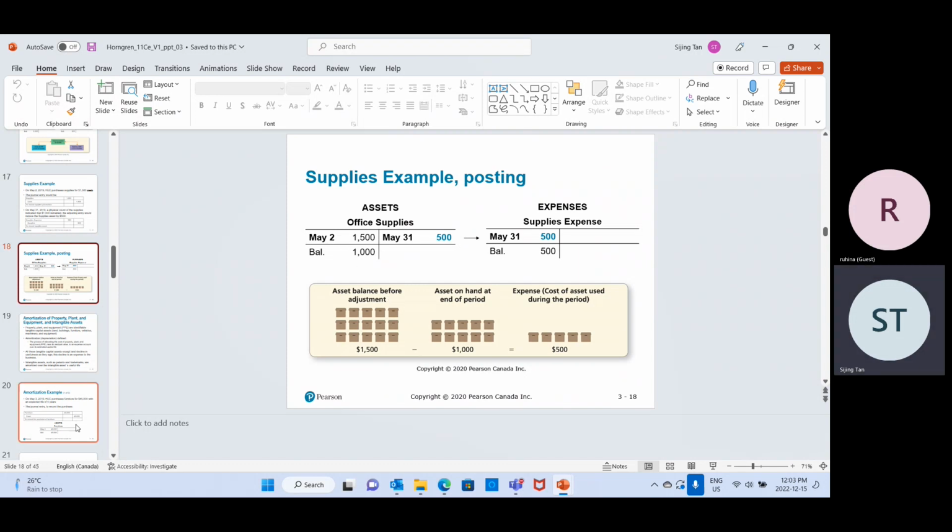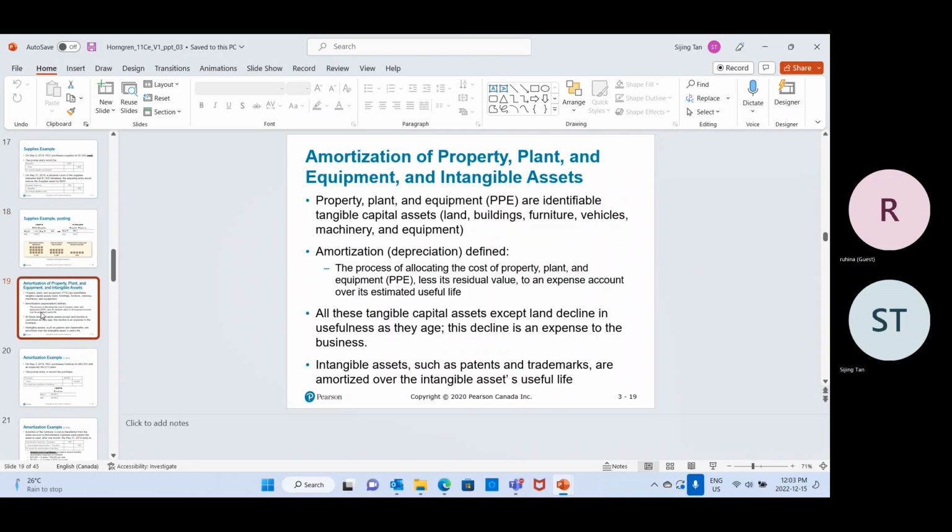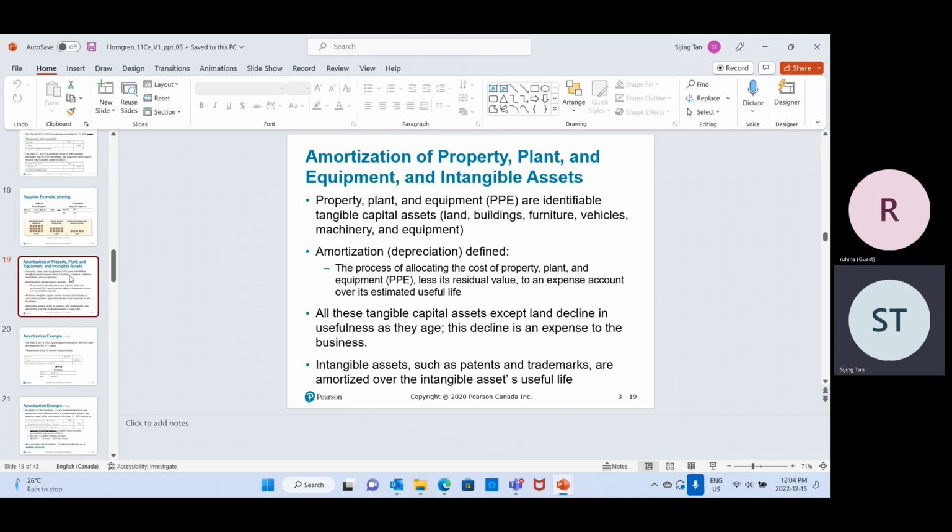Okay, that is the supplies example. Now just simply memorize it if you have a hard time fully understanding everything. Debit prepaid insurance, credit cash. Whenever you need to do adjusting entries for prepaid insurance, you debit insurance expense, credit prepaid insurance.